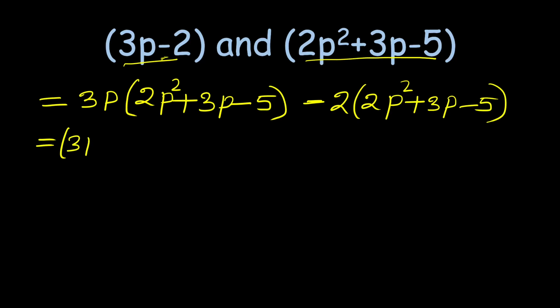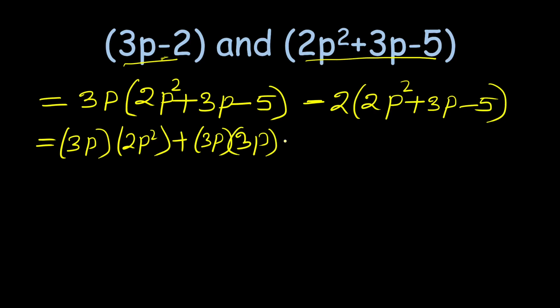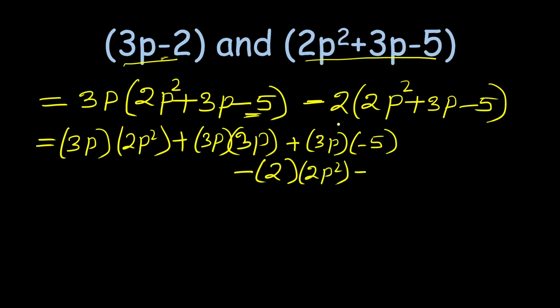Now 3p multiplied by 2p square, plus 3p multiplied by 3p, plus 3p multiplied by negative 5. The term is negative 5, so we have to multiply negative 5. Here negative 2 multiplied by 2p square, minus 2 multiplied by 3p, minus 2 multiplied by negative 5.